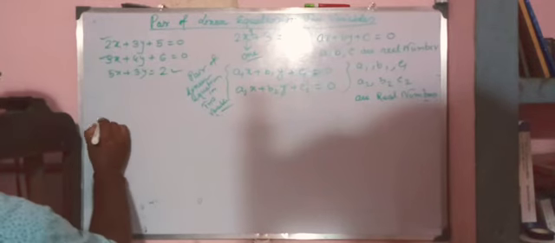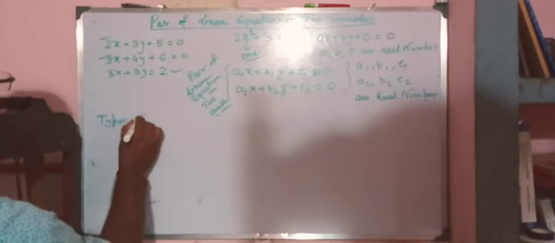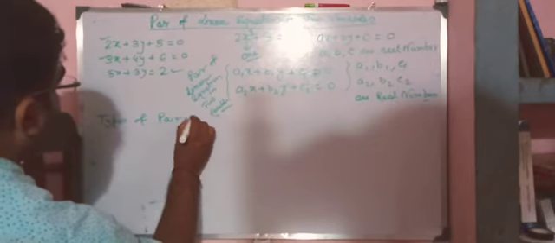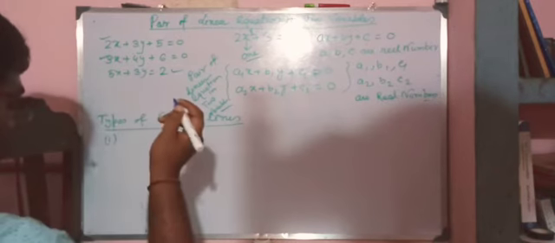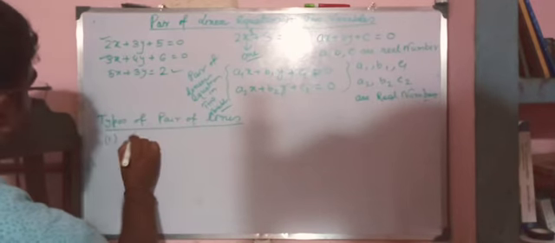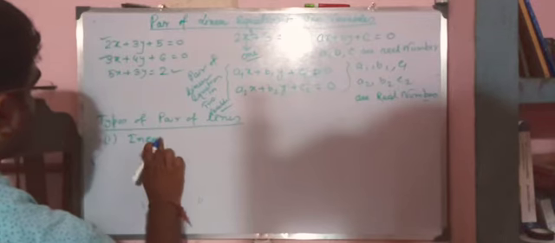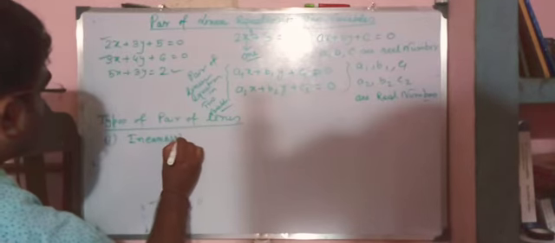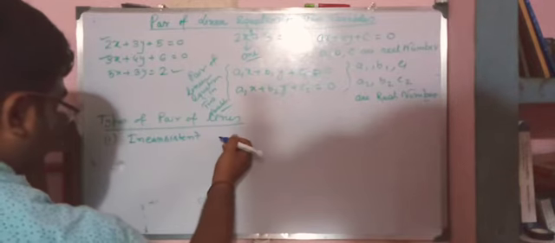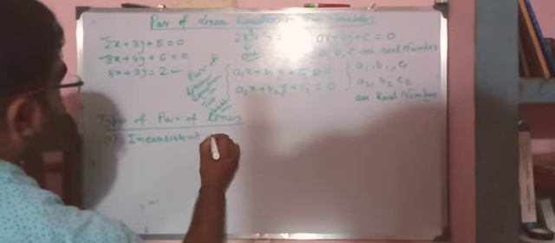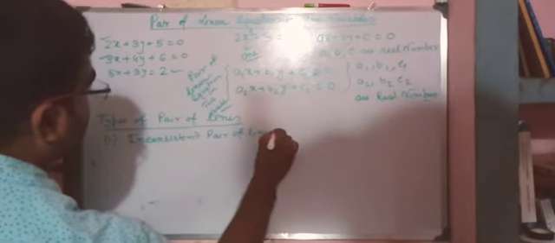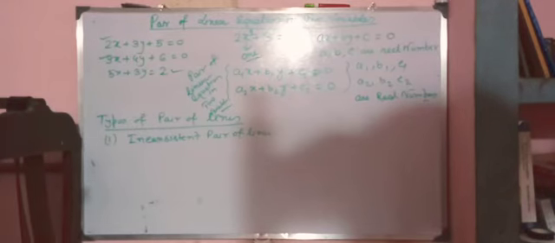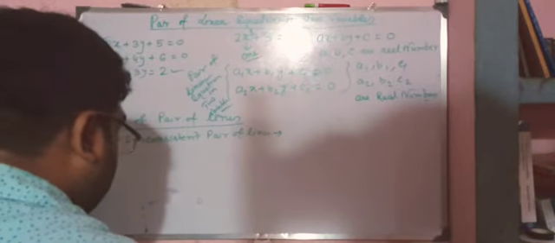types of pair of lines. Okay. The first one is inconsistent pair of lines. Now, inconsistent means a pair of lines which has no solution.